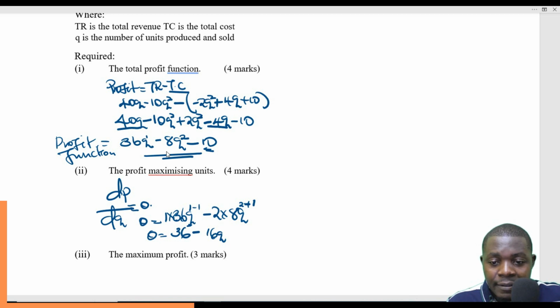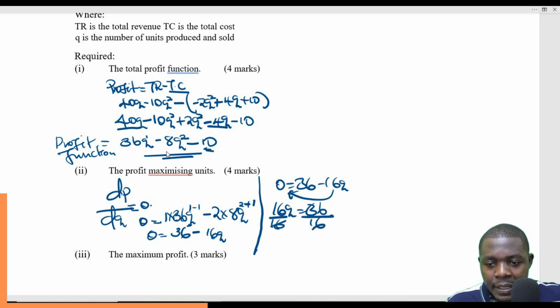Now we can find the value for Q. 0 is equal to 36 minus 16Q. This can come to that side. We have 16Q is equal to 36. Divide by 16 both sides. Q alone is equal to 36 over 16. Dividing by 4 top and bottom, we get 9 over 4.